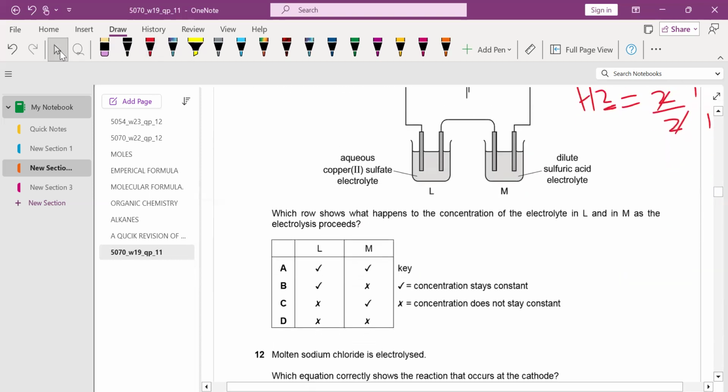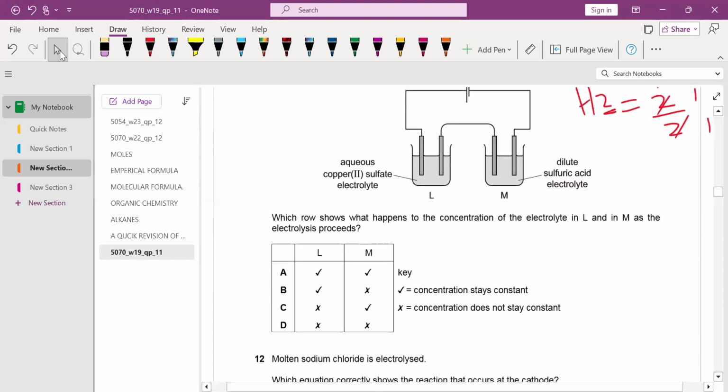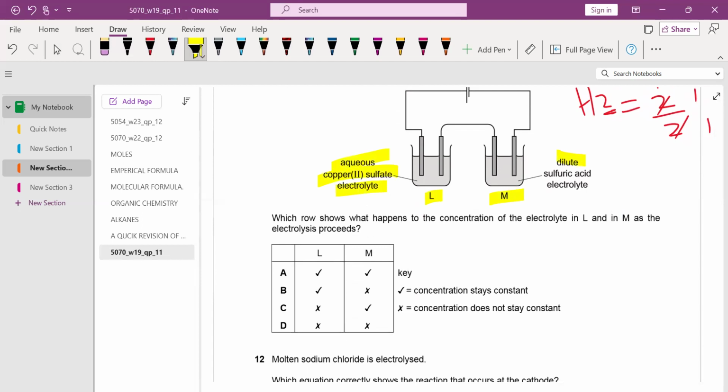Question number 11. The diagram shows an electrolysis experiment using inert electrodes. So this is the experiment shown here. Aqueous copper sulfate is the electrolyte for L, and for M, dilute sulfuric acid. Which row shows what happens to the concentration of the electrolytes L and M as the electrolysis proceeds?